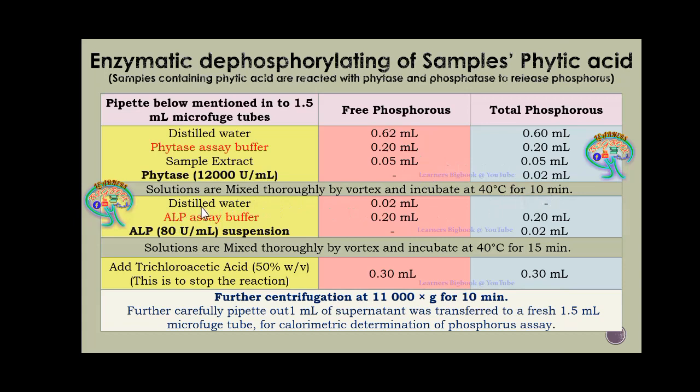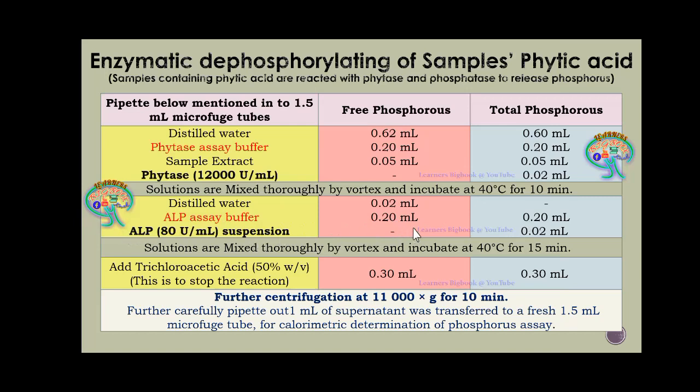After 10 minutes, you add distilled water, 0.02 ml, only to the free phosphorus microfuge tube. Further, alkaline phosphatase assay buffer is added, 0.2 ml, to both microfuge tubes.